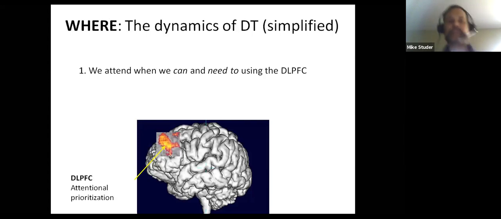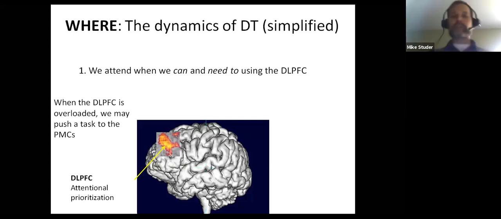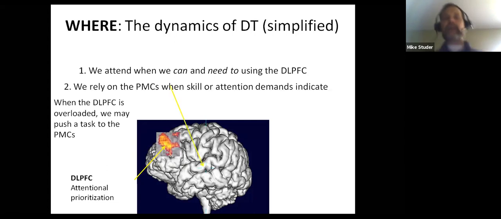Number two, when the DLPFC is overloaded, we may literally push a task to the procedural memory centers, abbreviated here by PMCs. We rely on the premotor of the procedural memory centers when skill or attention demands indicate. Now, I've just represented here the basal ganglia, but please note, and I've just done that for the simplicity of this slide, it also does include all four of those centers, not the least of which would be the cerebellum.